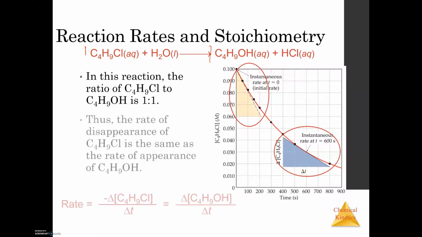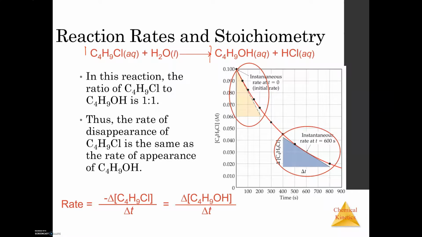Now, that means the rate of change, the disappearance of the C4H9Cl, is going to be consistent with the appearance of the C4H9OH. Because it's a 1-to-1 ratio, as 1 mole of the C4H9Cl is reacted, there's 1 mole of the C4H9OH that's going to be produced.